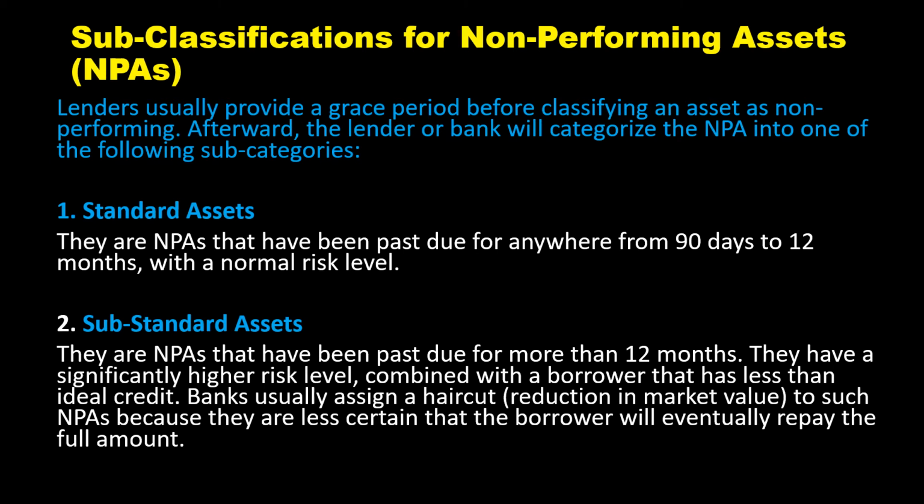That means it is a standard non-performing asset if it is due for more than 90 days. Then substandard means it is due for 12 months, that means it is due for 1 year. For that we call it a substandard non-performing asset. It is due for more than 90 days and within a year, 12 months.